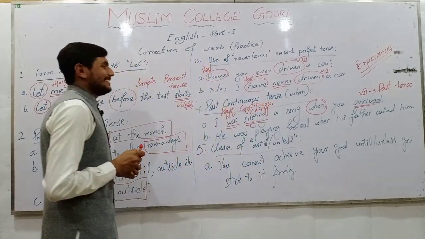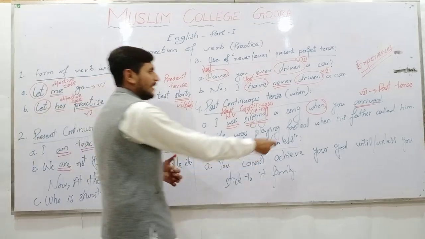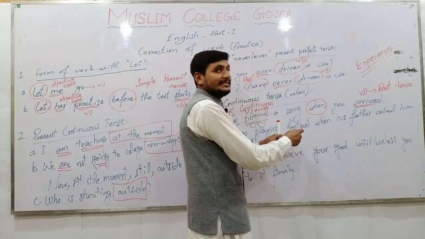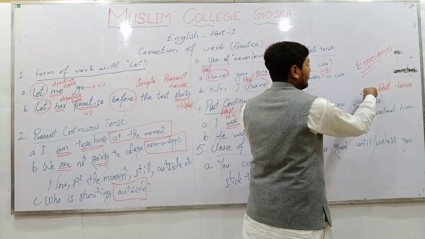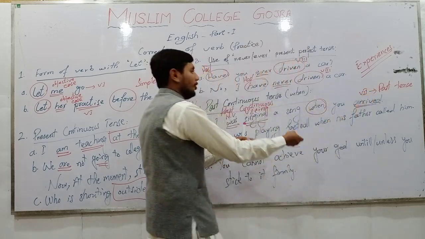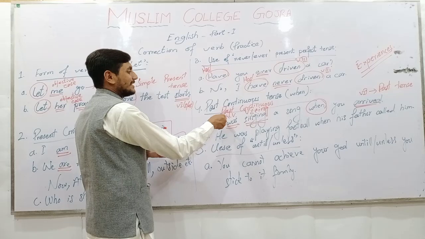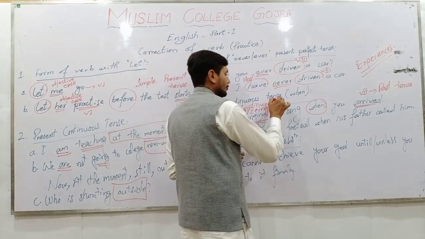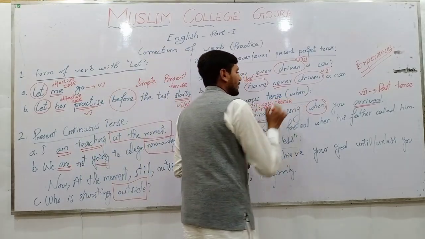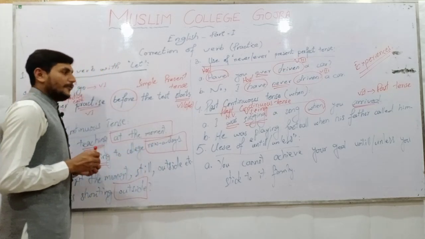So if you see a sentence like this having when as a conjunction and that when clause is in verb's past form, you should automatically translate the principal clause of that sentence in past continuous tense using helping verb plus present participle form of verb.